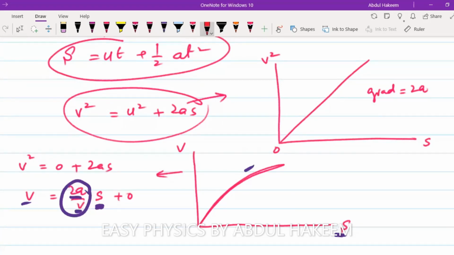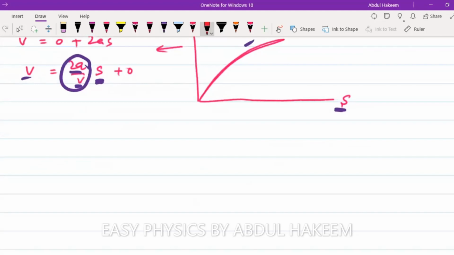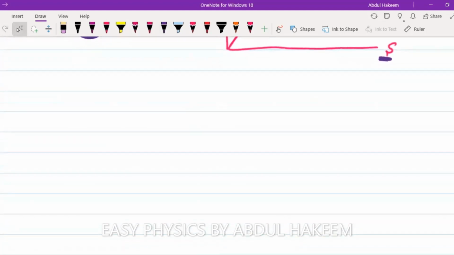Now the next, in projectile motion, the horizontal force is 0 in the absence of the air, and the vertical force acting is the weight.